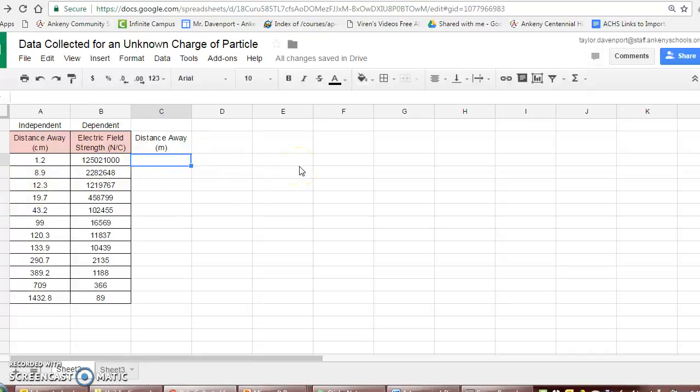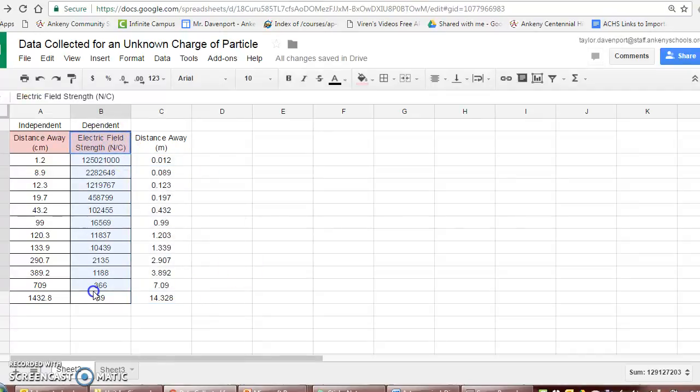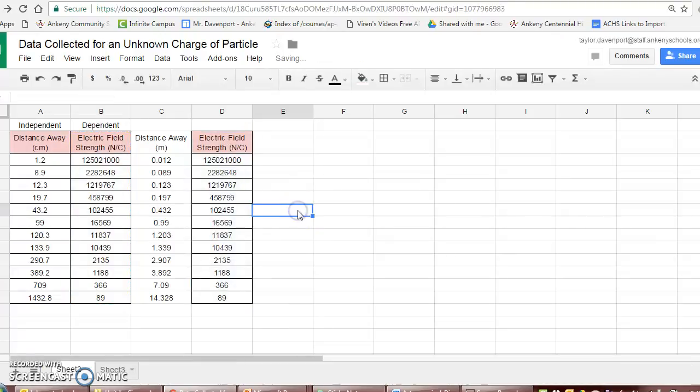And I will format my first cell here so that it calculates 2 meters for me by taking my previous box and dividing by 100, and I can actually click and drag this blue box in the bottom right corner to copy that format for all of the data points, and then I can copy my Y variable, my electric field, over so that when I insert my graph, it will actually graph X versus Y rather than flipping it around. So I can select my data and insert a chart.